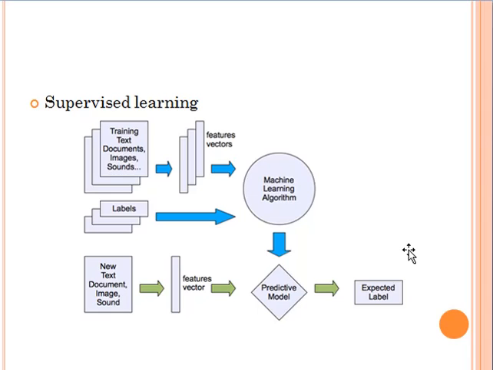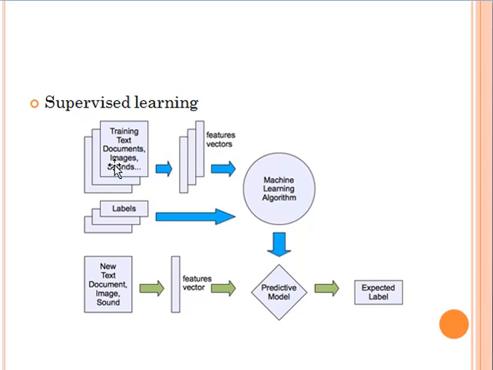Now, in the next two slides, you will see the whole pipeline or workflow in the supervised learning domain, as well as the unsupervised learning domain, right? In the supervised learning domain, we have a training data set, which can consist of a variety of formats. It can include images, videos, or maybe some audio data, and we extract some features out of this data.